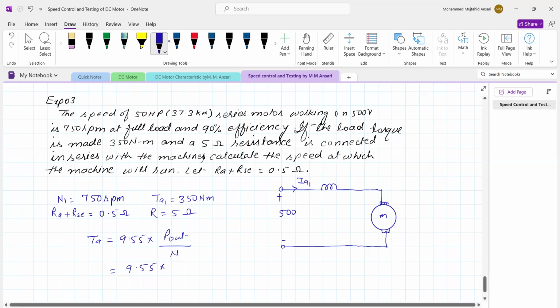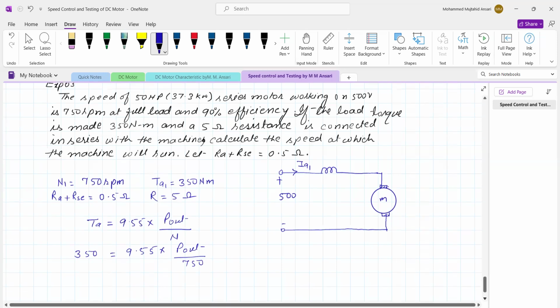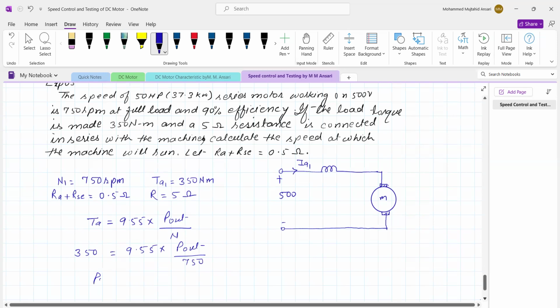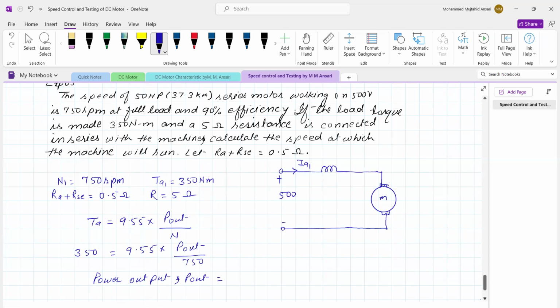Torque equals 9.55 into power output of the motor divided by speed, 750 is the RPM.